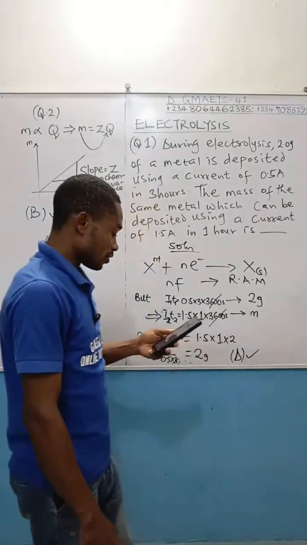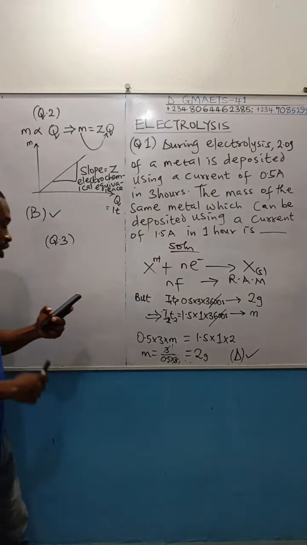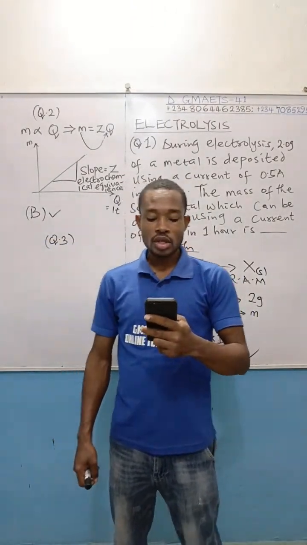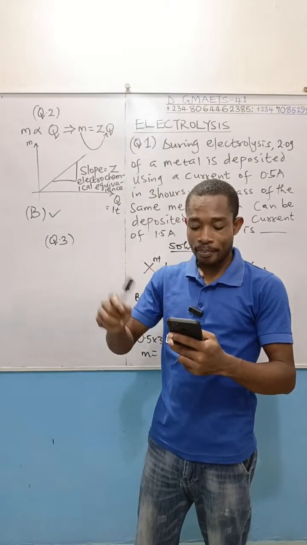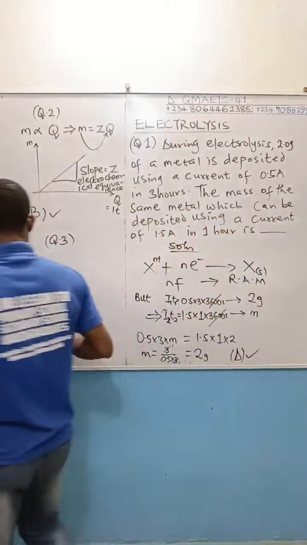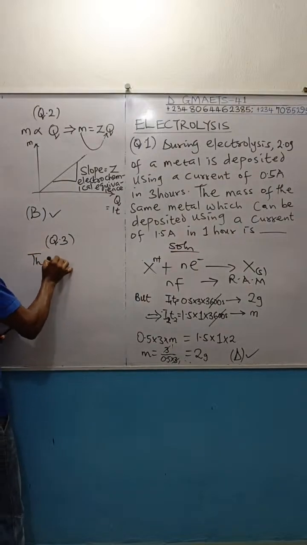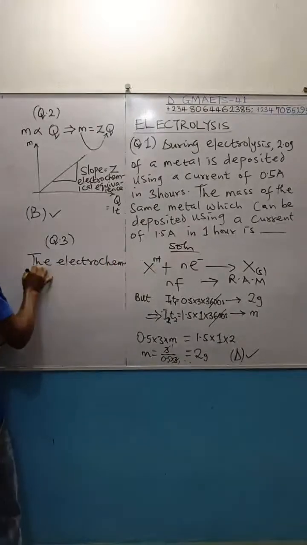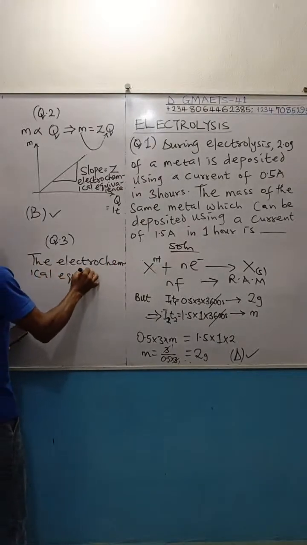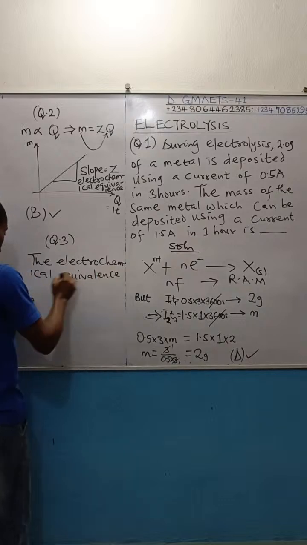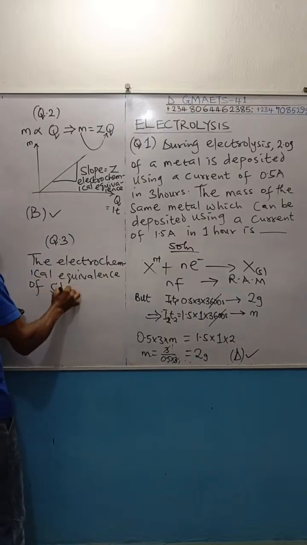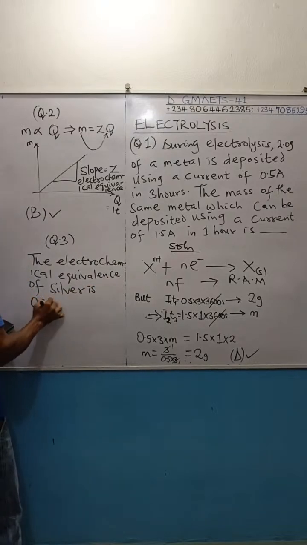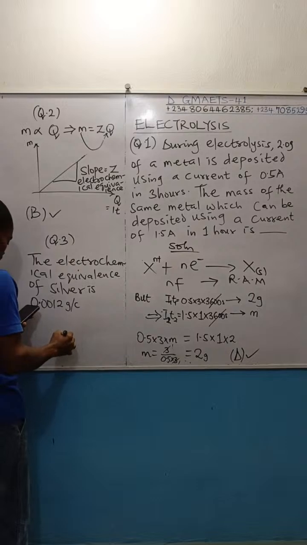That's question number 3. The electrochemical equivalence of silver is 0.0012 gram per coulomb. Let me copy that on the board. The electrochemical equivalence of silver is 0.0012 gram per coulomb.